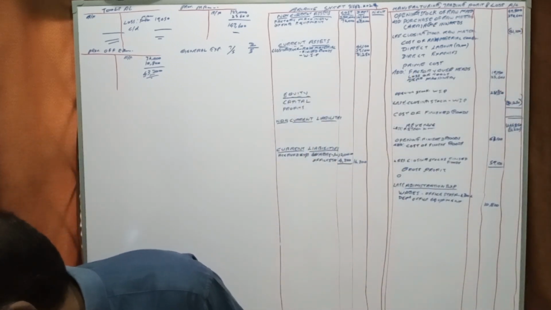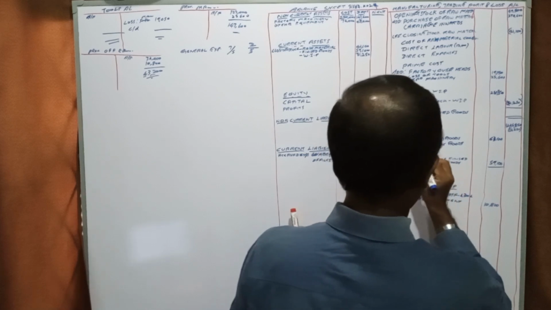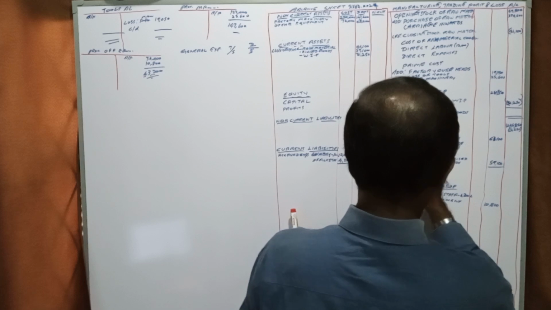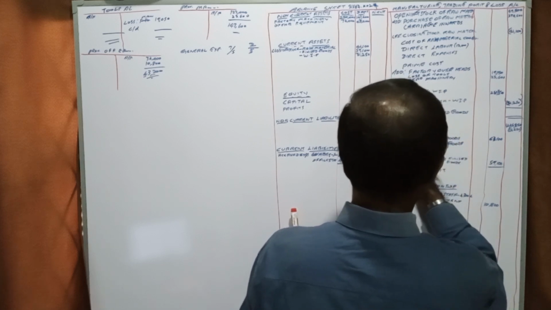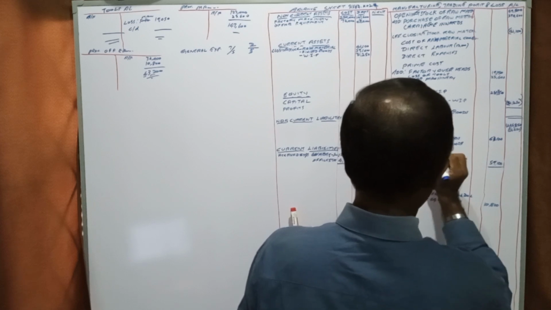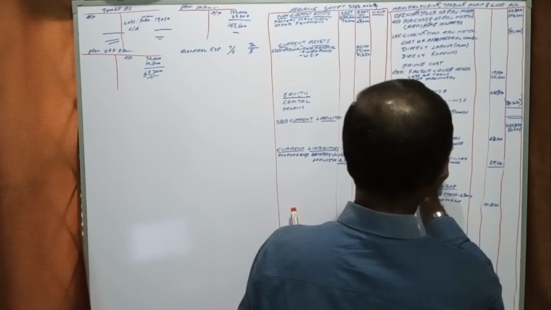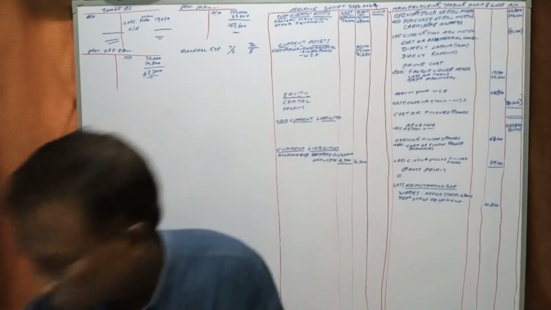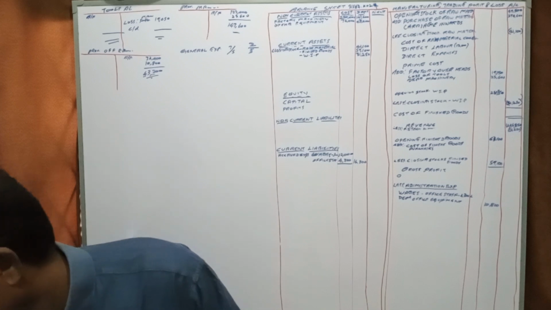And finished goods purchases, they are adding purchases also, of 21,700.